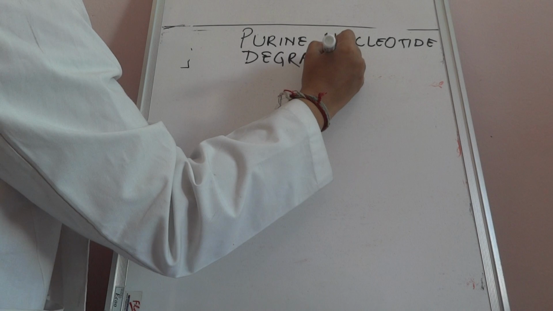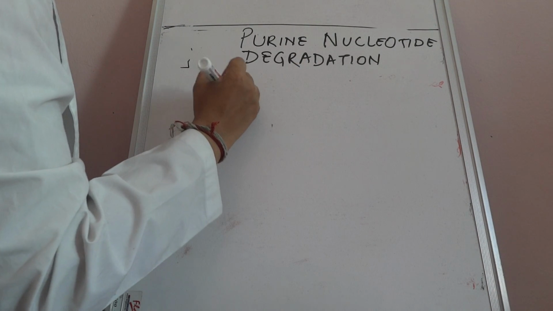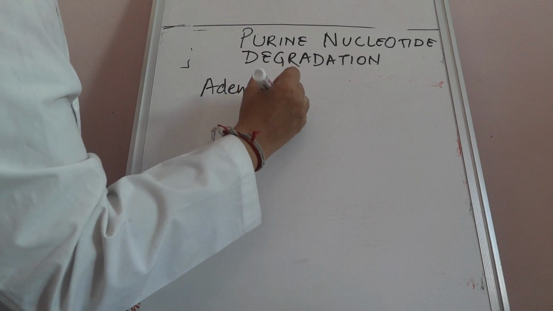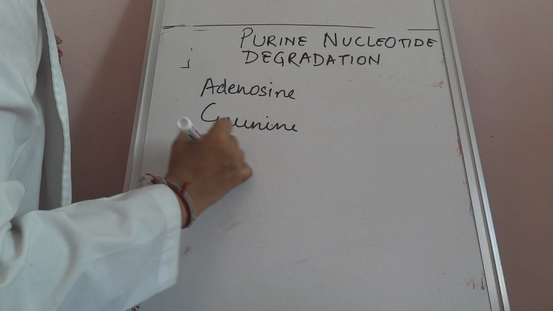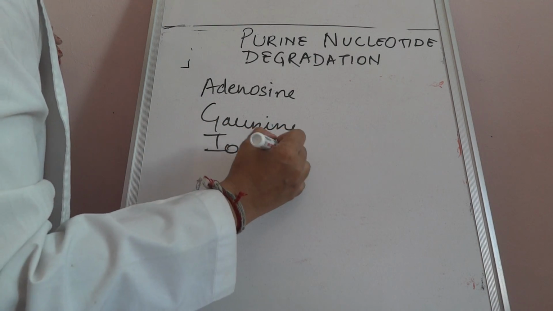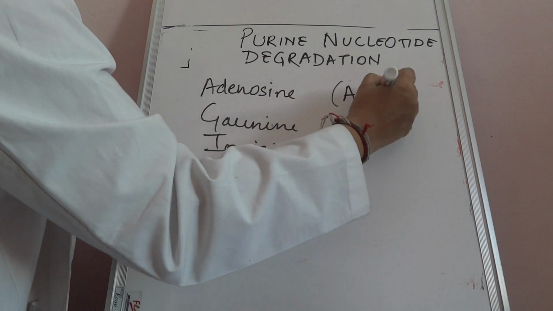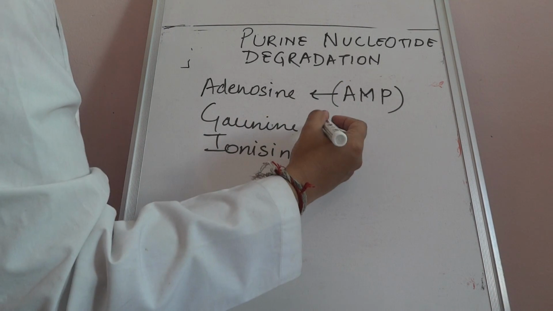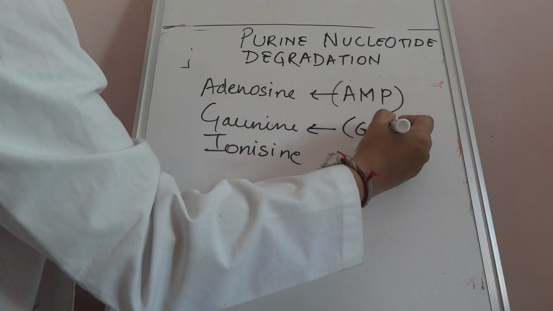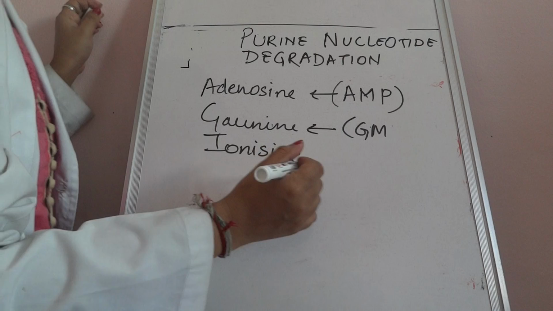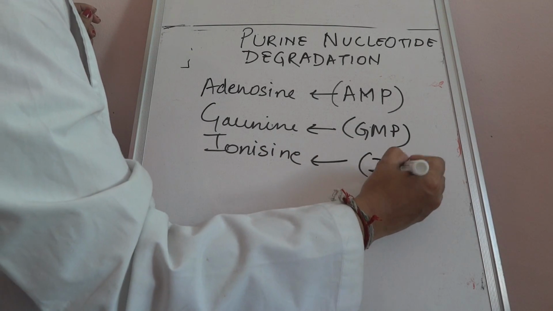Purine nucleotide degradation. So the purines which are present are adenosine, guanine, inosine. Generally we have AMP which will form adenosine, GMP, guanosine monophosphate, to form guanine, and to form inosine we have inosine monophosphate.